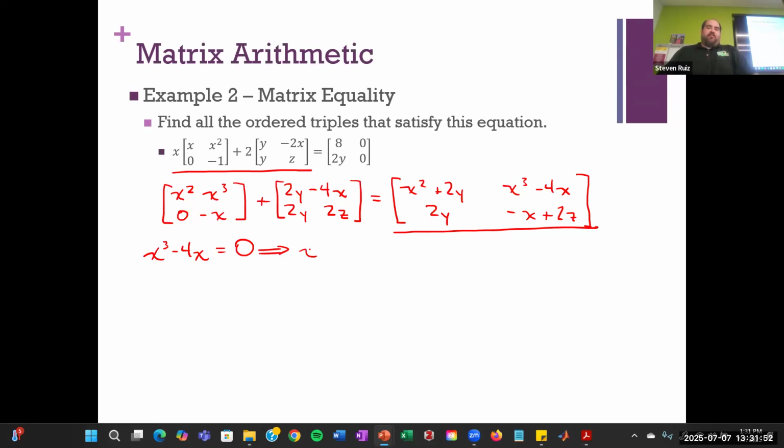Partly. So if I factor an x, I get x times x squared minus 4. So I get x equals 0, 2, minus 2. Go ahead. Yeah, that's part of it.